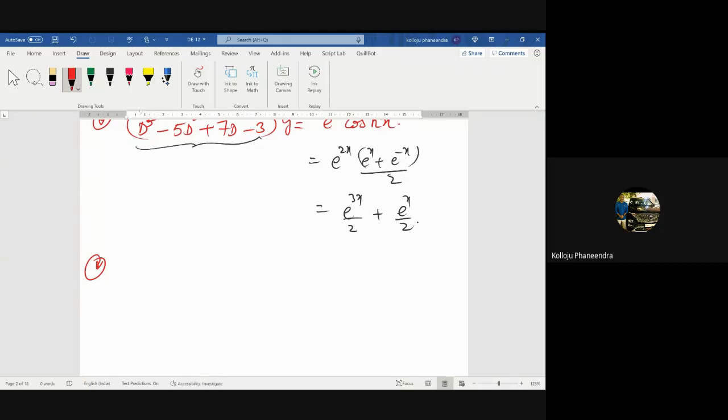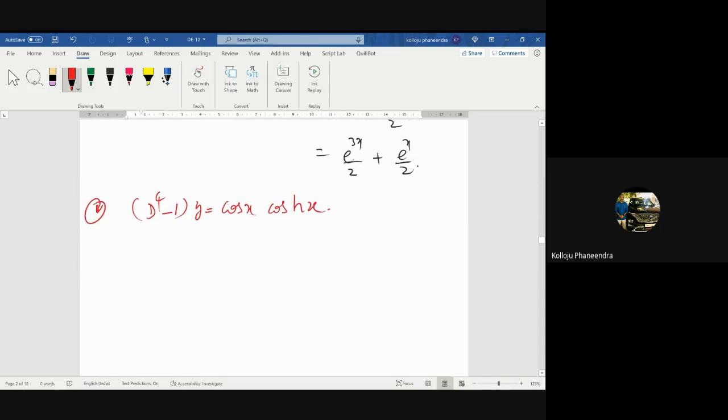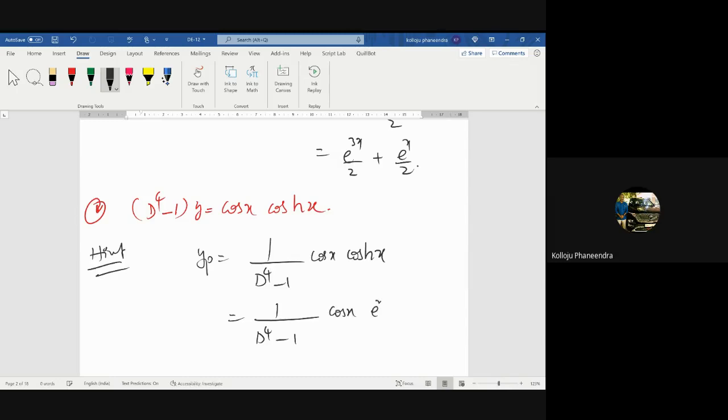Next one. D power 4 minus 1 into y equal to cos x into cosine hx. For this, the hint is that yp is only what you need to calculate. 1 by D power 4 minus 1 cosine x into e power x plus e power minus x by 2.